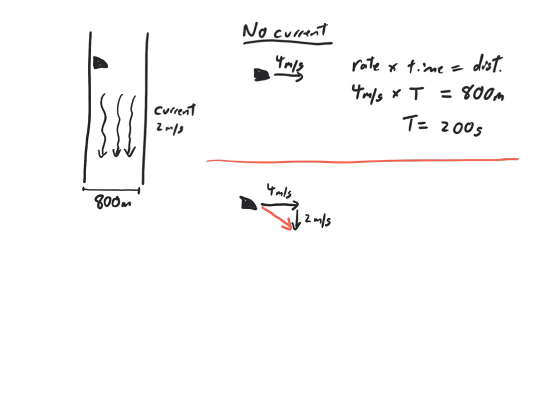We can get the size of it by using the Pythagorean theorem. The size of the velocity of the boat relative to the ground is given by the square root of (4 meters per second) squared plus (2 meters per second) squared, which is equal to the square root of 20 meters per second.